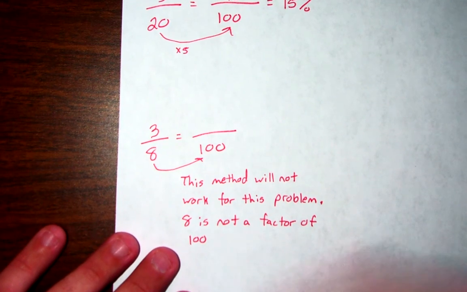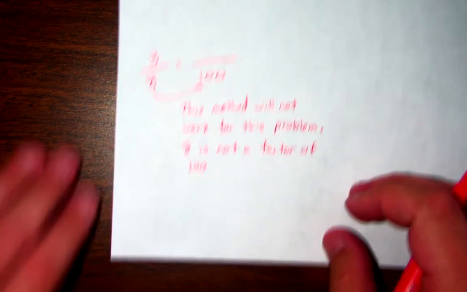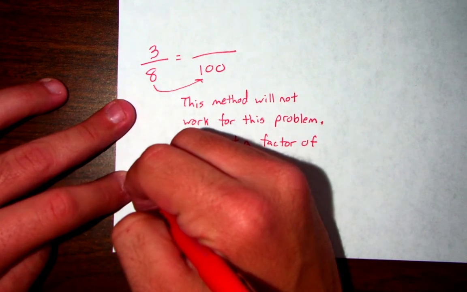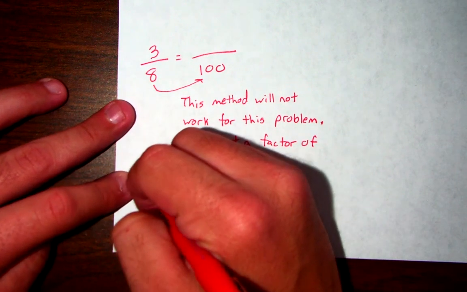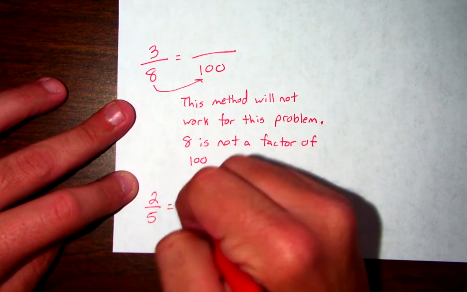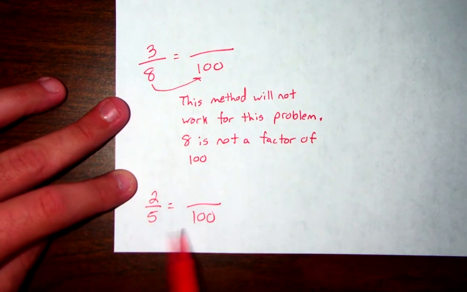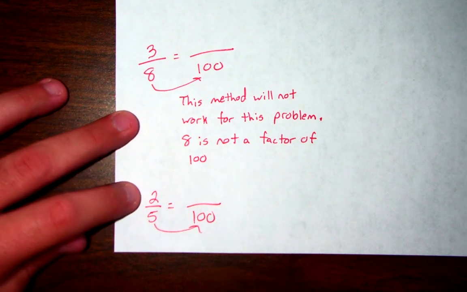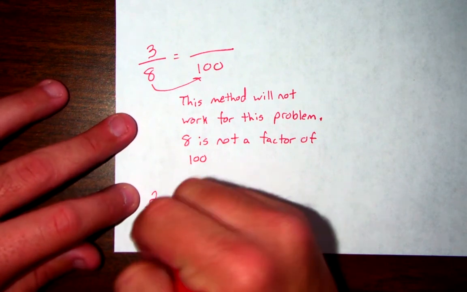So let's try one more that will work. Let's try, how about 2/5? Well, 5 is a factor of 100. So to get from 5 to 100, you multiply by 20.